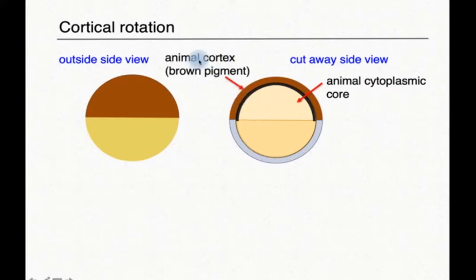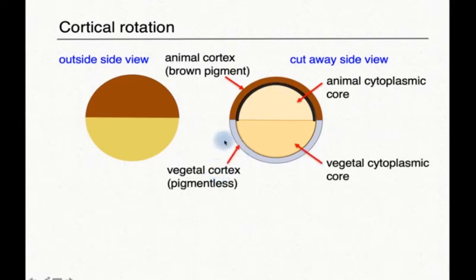So you have an animal cortex, just the outer cortex on the animal side, and it contains brown pigment. Then you have the cytoplasmic core on the inside, and there's also a vegetal cortex and vegetal core.